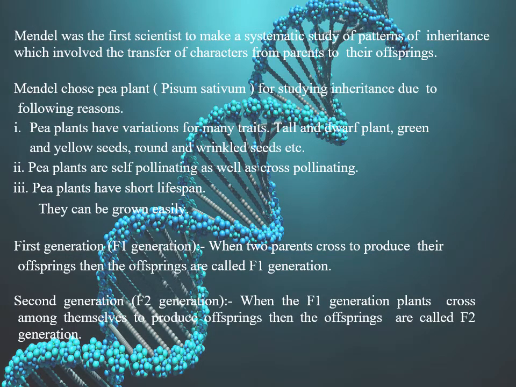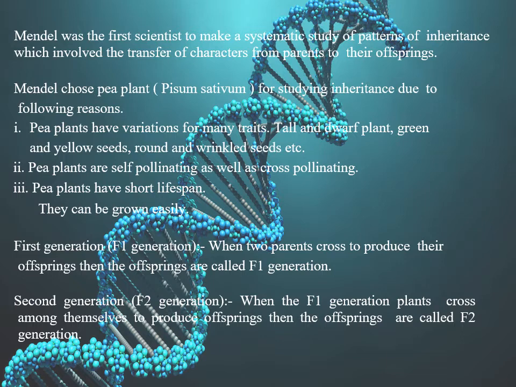The father of genetics is Gregor Johann Mendel, and he was the person who first experimented on genetics. Mendel was the first scientist to make a systematic study of patterns of inheritance, which involved the transfer of characters from parents to their offspring.